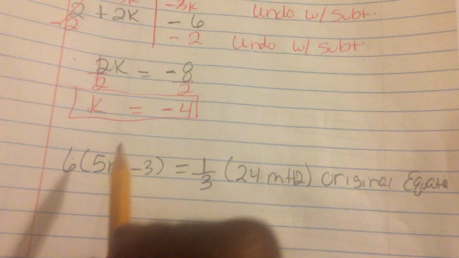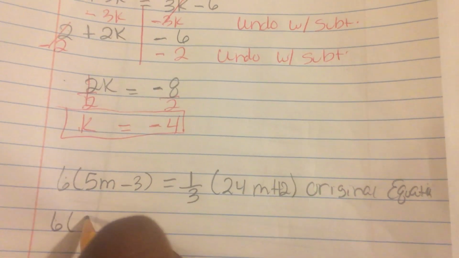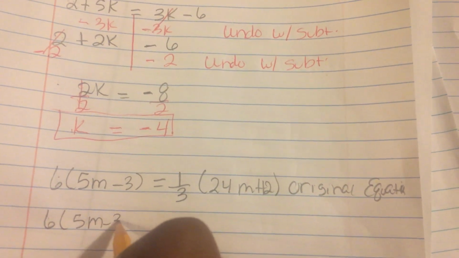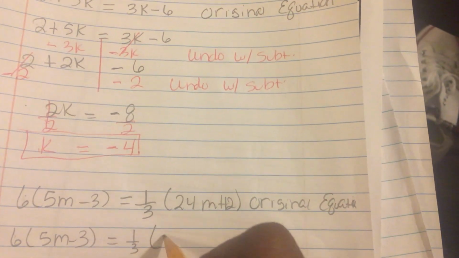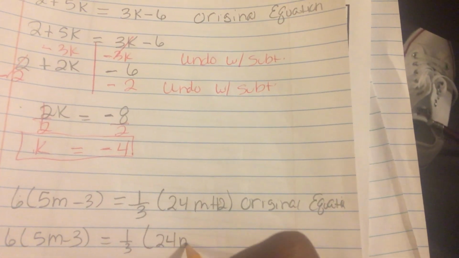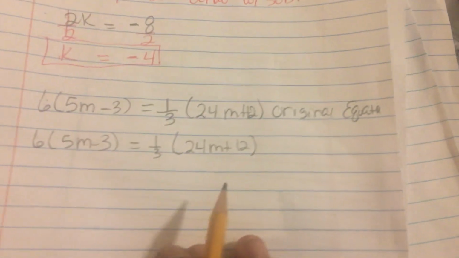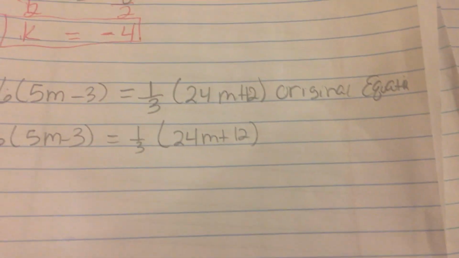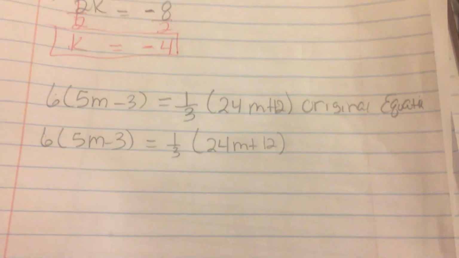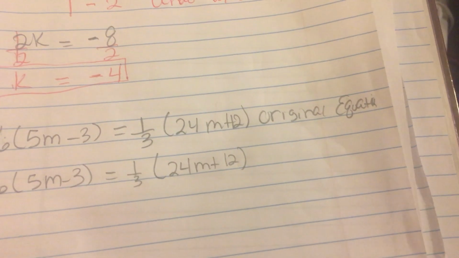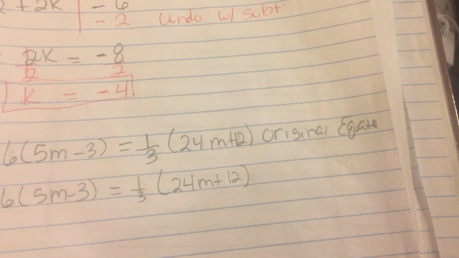Okay, so let's come down. We're going to write the equation again. And this one we will work. In this equation, we see that we have a set of parentheses. Whenever we have parentheses, we have to clear the parentheses by using the distributive property.